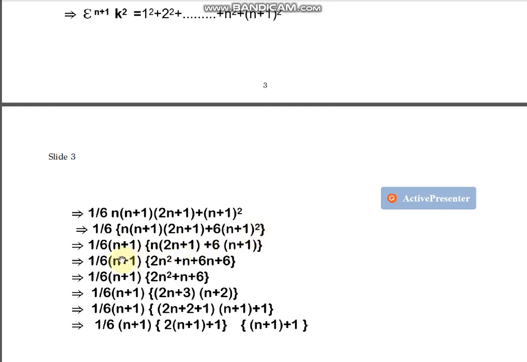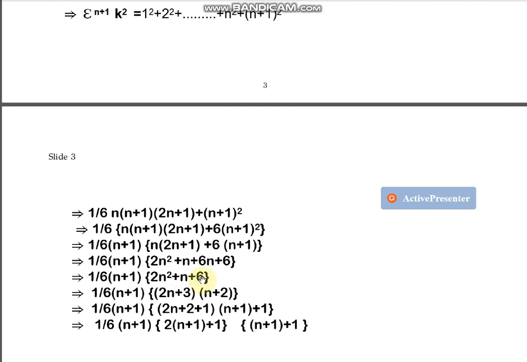Then we move on to have 1 over 6 n plus 1, then the bigger bracket: 2n squared. Of course, when you multiply this, 2n squared, then plus n, then plus, of course, we are multiplying 6 by n plus 1, and 6 times 1 we have 6. So we are still maintaining 1 over 6 n plus 1, and here we shall now have 2n squared plus n plus 6.